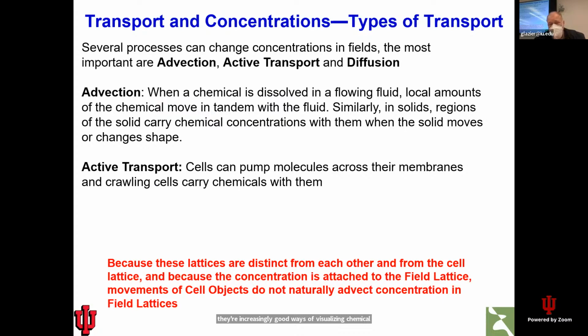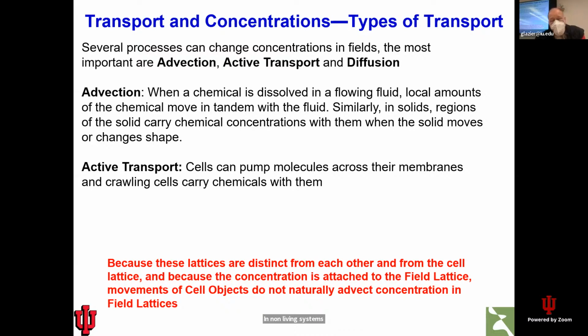Something that I want to just allude to very briefly is that in reality, there are multiple ways that chemicals move around in physical and living systems. There are the normal ones that happen in physics, and then biology has some special kinds of transport that don't exist in non-living systems.